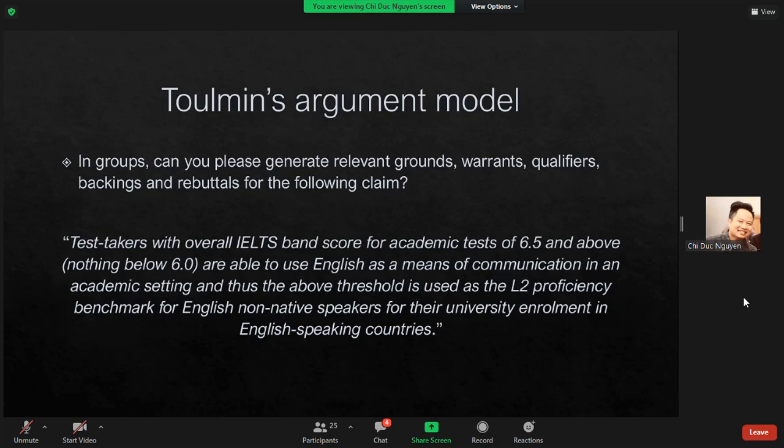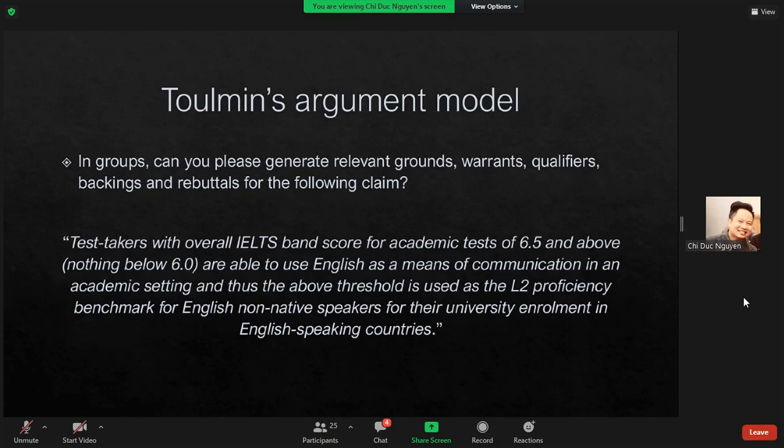At the same time, according to the description of the band score, they can do A, B, and C, and on the other hand they cannot do D, E, F. With A, B, C, it might be enough for them to work in an English-speaking country, for example. So that is some kind of evidence that we need to have here.